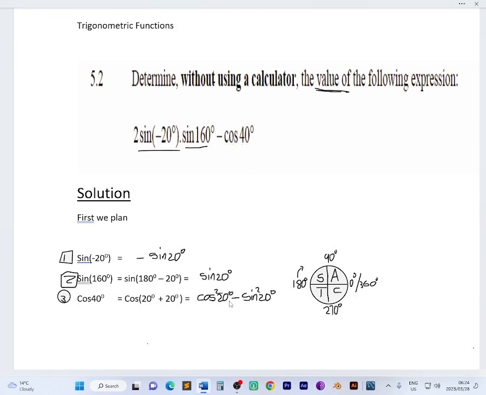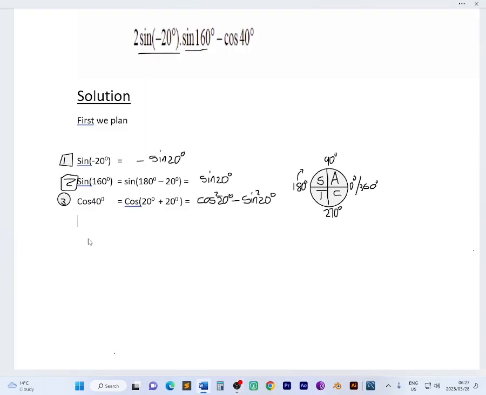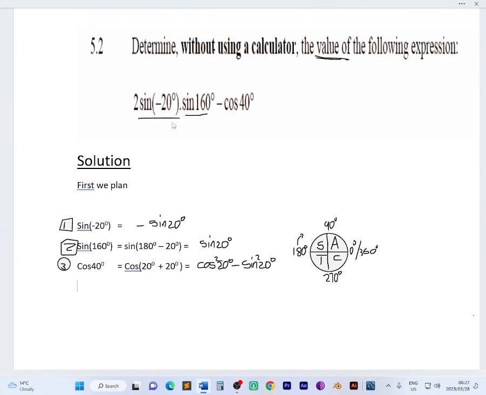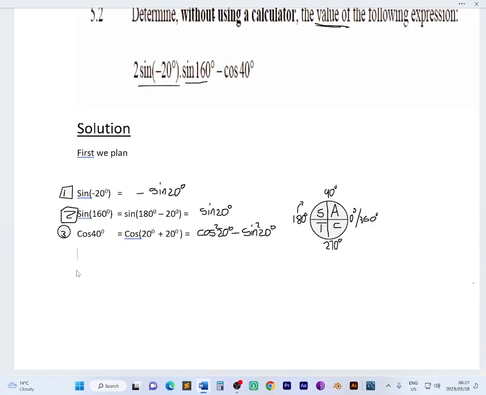So the next step is that we have to rewrite the equation and put in all the simplified parts. We start with what we didn't need to simplify. So sine negative 20 degrees will give us negative sine 20 degrees. Remember that if it was a cos of a negative angle, it's going to give positive, so cos doesn't change with negative angles.